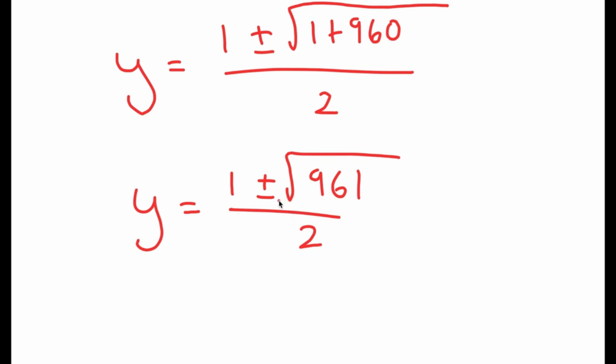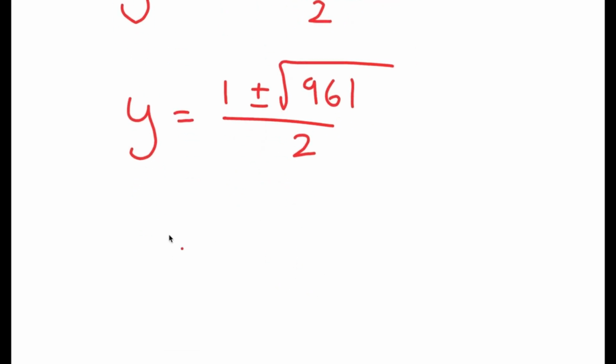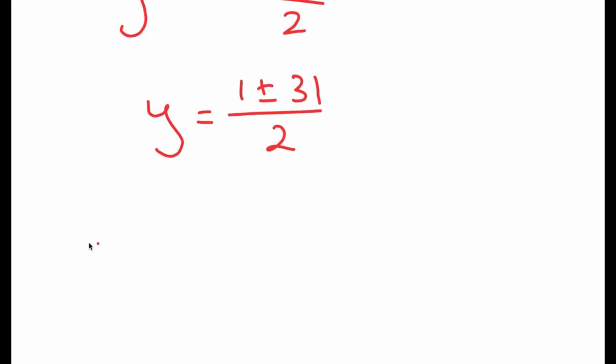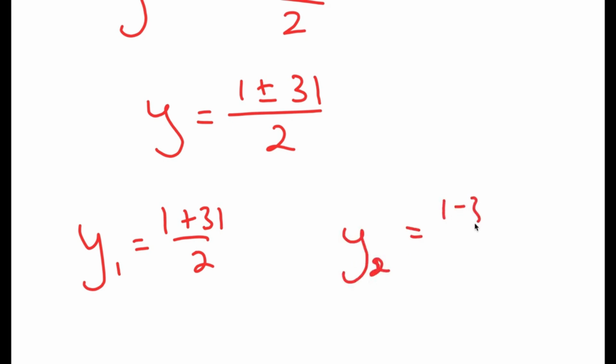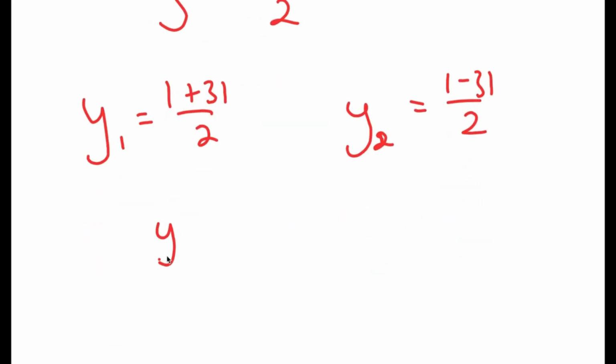So now, the square root of 961 is 31. So I get y equals 1 plus or minus 31, over 2. And now I have two solutions. I have y equals 1 plus 31 over 2, and y equals 1 minus 31 over 2. So my two solutions are 17 and negative 15.